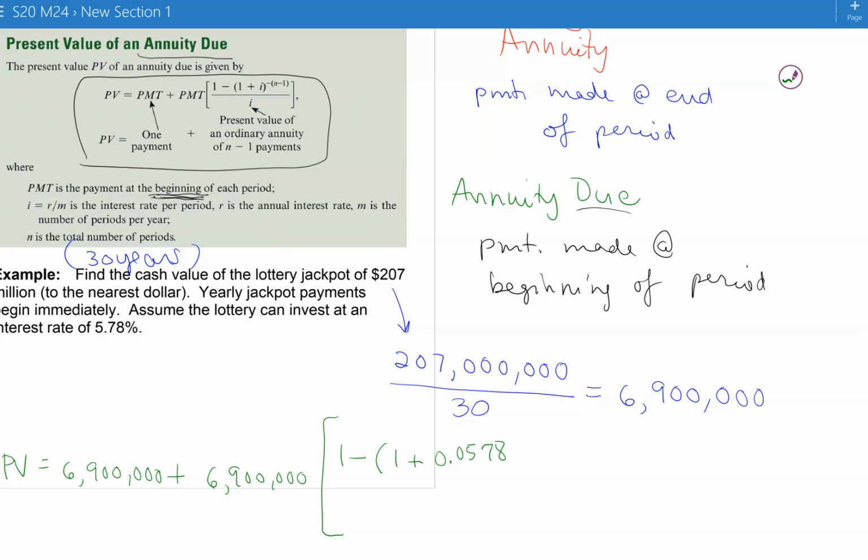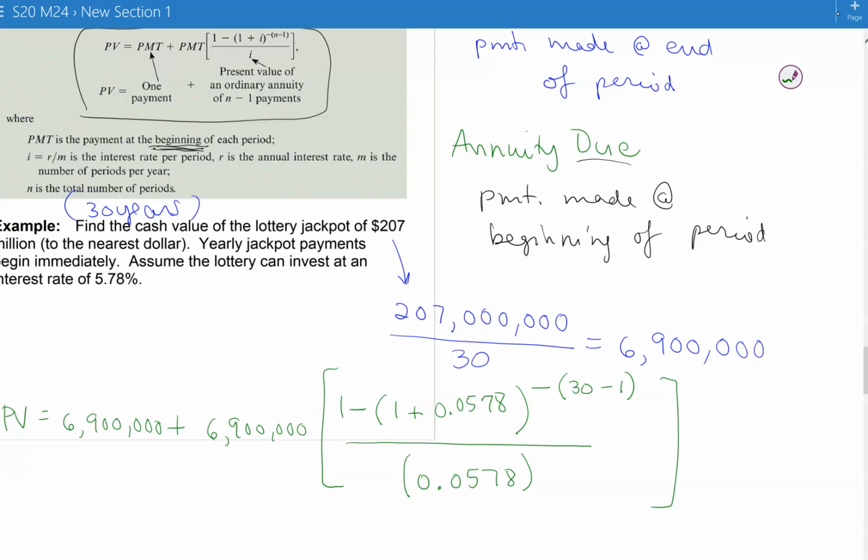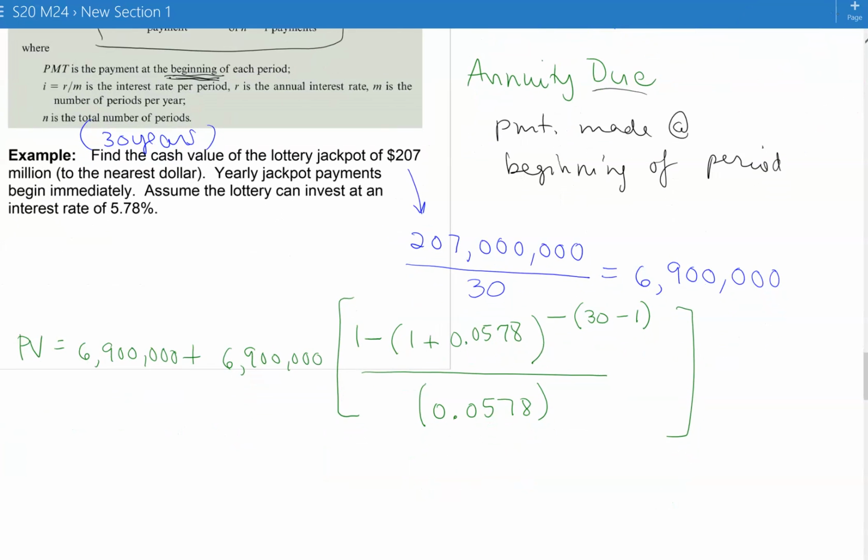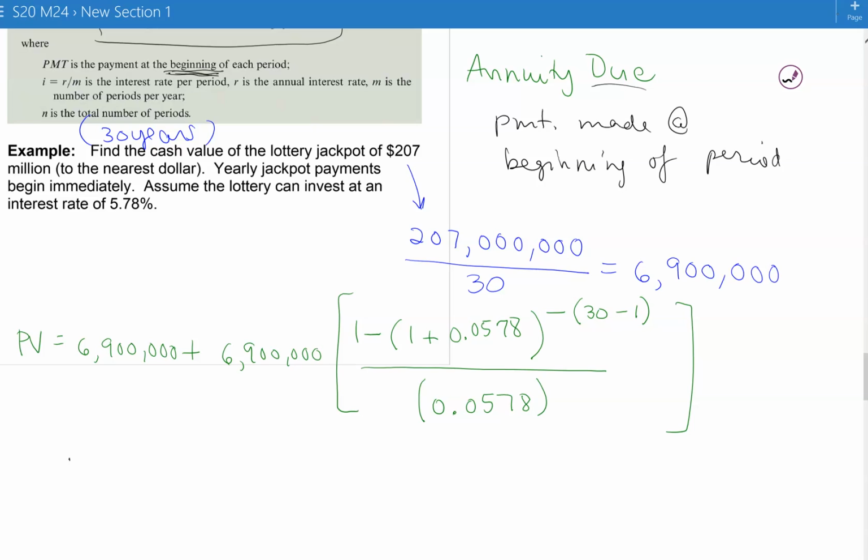And it's not said otherwise, so I'm going to assume that's annually, to the exponent of negative 30 minus 1. So 30 years minus 1 over that same interest rate. So what you come up with as the present value of those payments is 102,877,051.